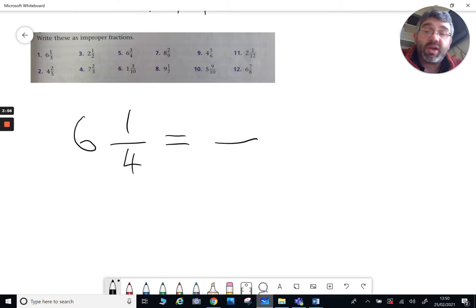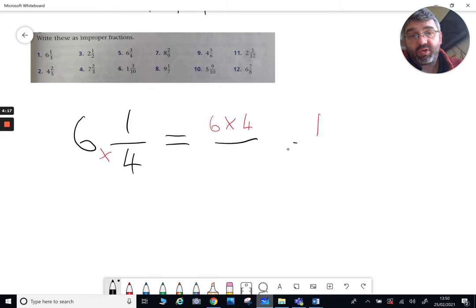So to do that, we need to use our knowledge of times tables. You take the 4, the number in the denominator, and you multiply it by the 6. So you're going 6 times 4, and then we're going to add the 1/4 over here as well.